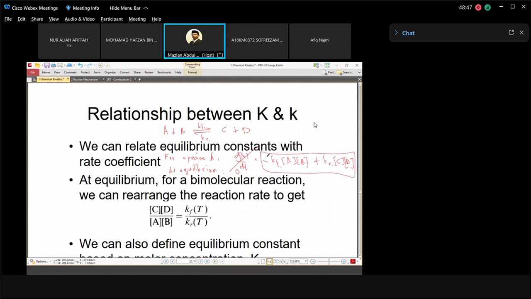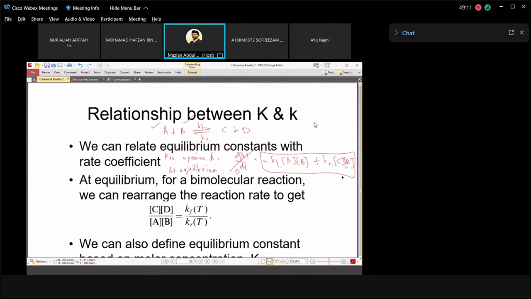At equilibrium for a bimolecular reaction, meaning two molecules acting together, we can rearrange the reaction rate to get CD. So KF AB equals KR CD, right?